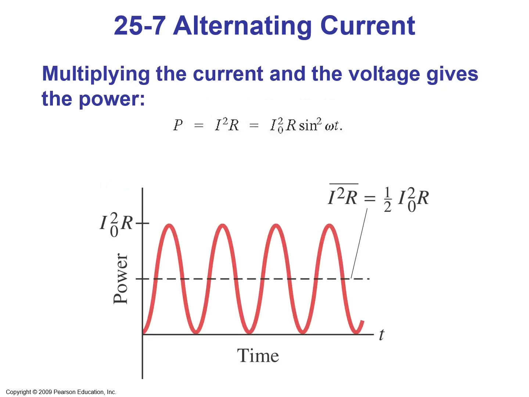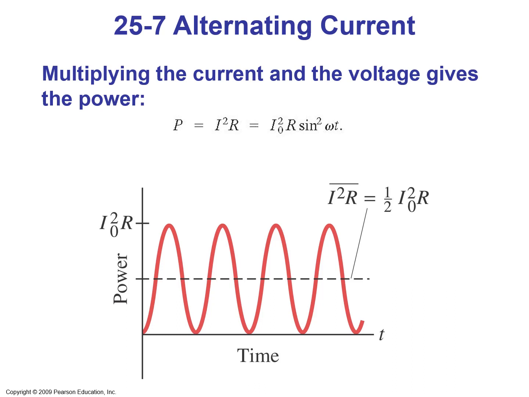By multiplying the current and voltage, we can gain the power. P equals I squared R, that is equal to I naught squared R sine squared omega t. If we take the average of sine squared over time, the average of sine squared is equal to 1/2.